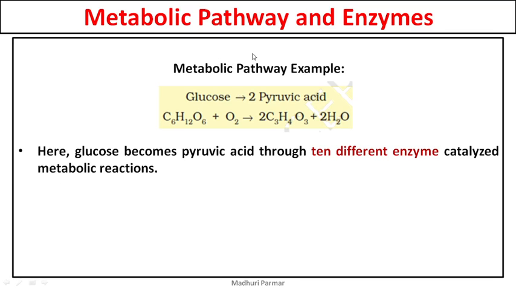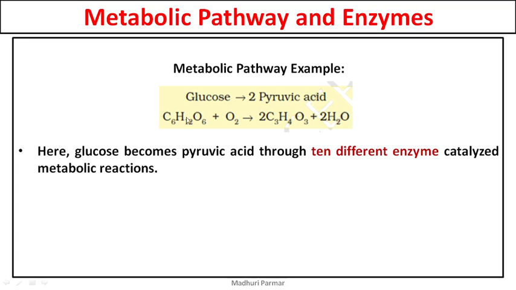Then metabolic pathways. Whenever you talk about any reaction, it is hardly ever done in one step. Let us say conversion of glucose to ATP requires many steps. So all these steps and all those enzymes combined form a metabolic pathway. For example, from glucose to 2 pyruvic acid, which is nothing but your glycolysis.